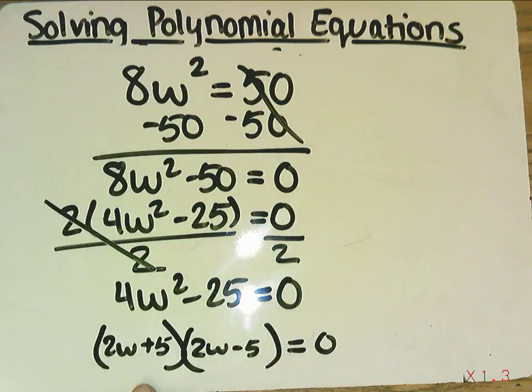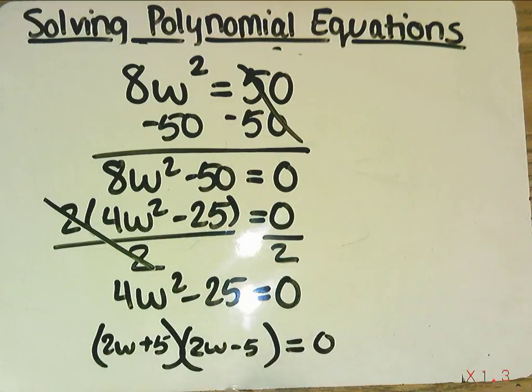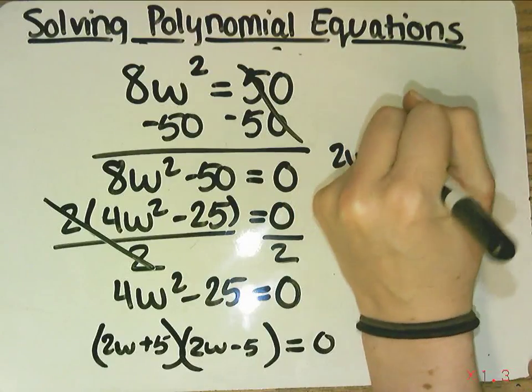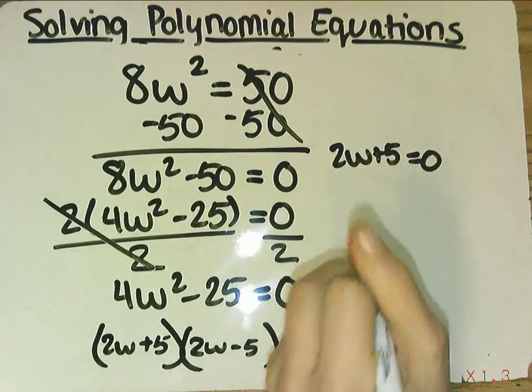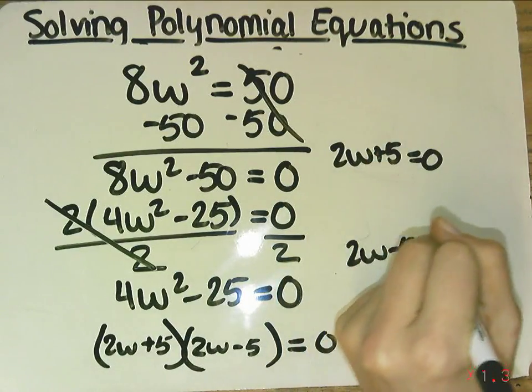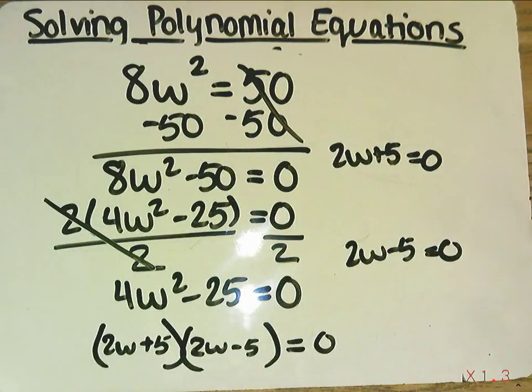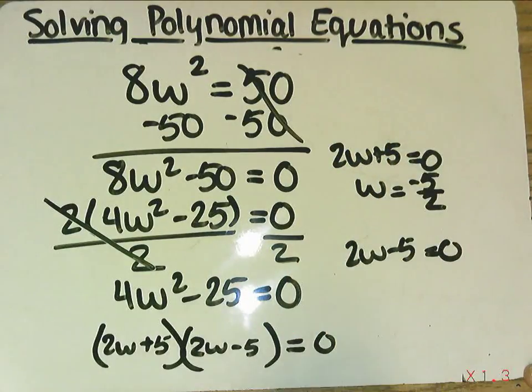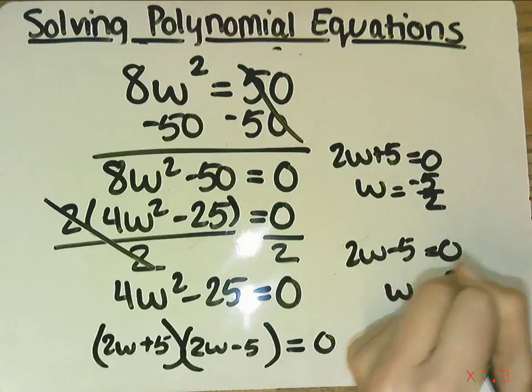So now I have two factors being multiplied, and their product is 0. So I'm going to set each of my factors equal to 0 and solve. So these were my two factors. I set them each equal to 0. When I solve this one, I'll end up with negative 5 over 2. When I solve this one, I'll end up with positive 5 over 2.